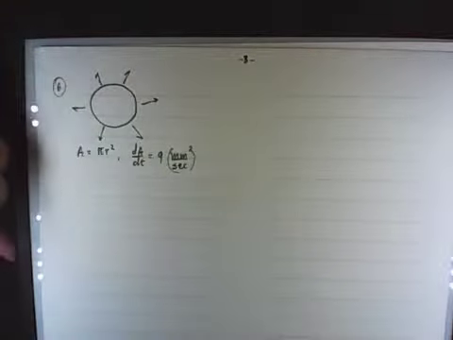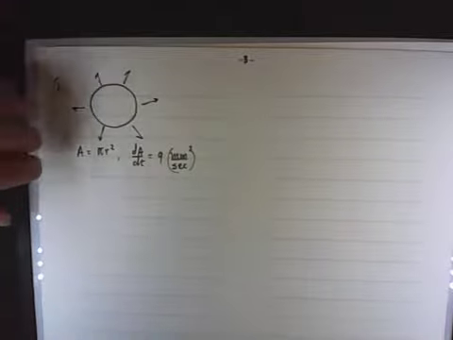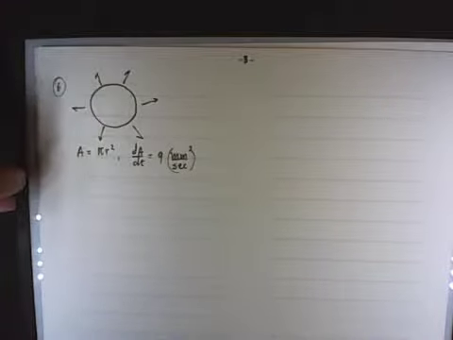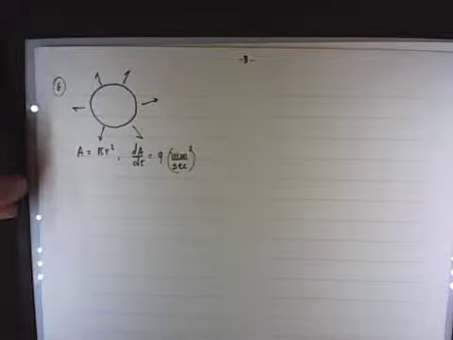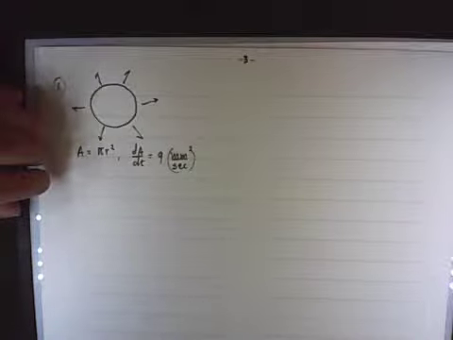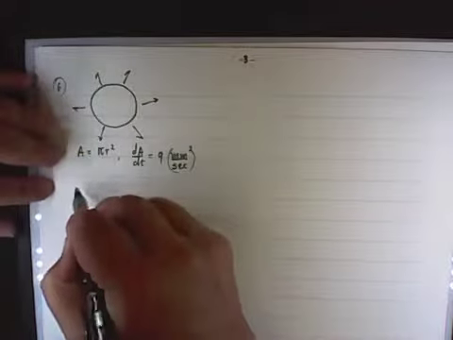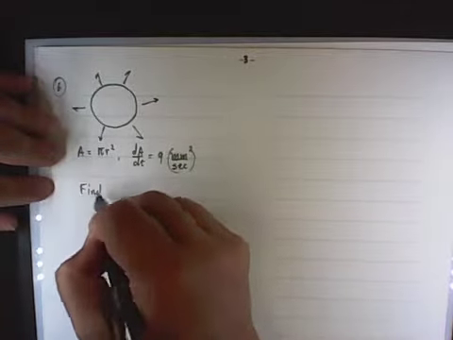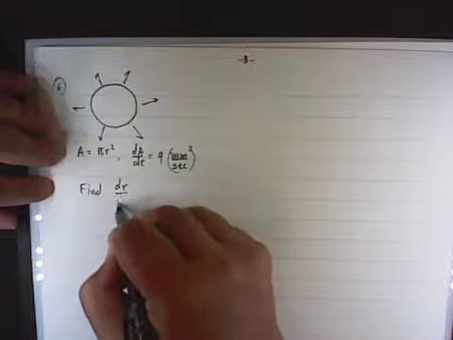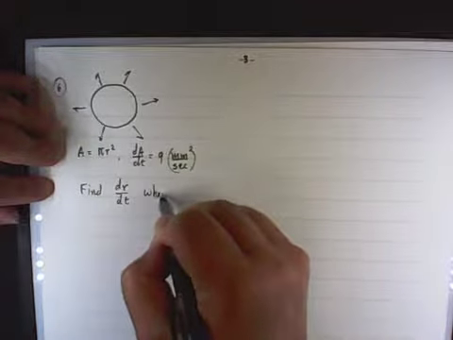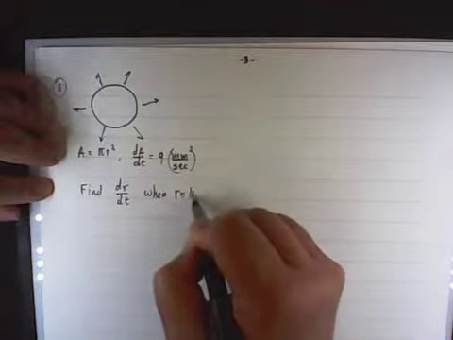Okay, this is given. So the question is, what is the rate of change of the radius when the radius itself is 165? So what we need to find is dr/dt when r equals 165 millimeters.